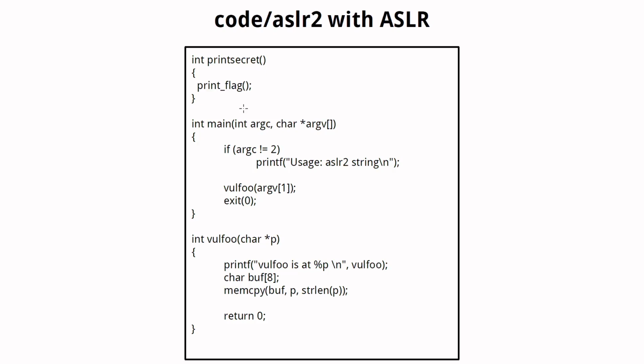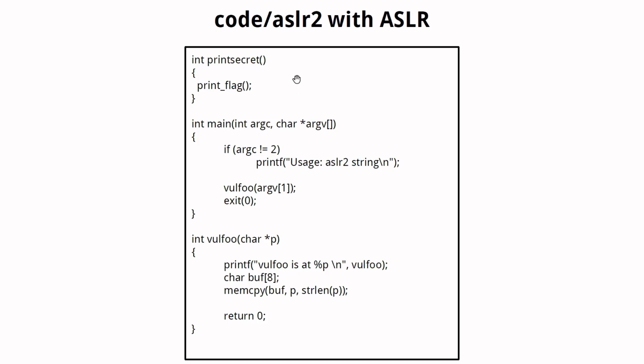Okay, so a very simple program: the main function takes input from a command line argument, then calls the valfoo function. The valfoo function first prints out where valfoo is. Then there is a buffer, then there is a memory copy. So that's a classic buffer overflow we are familiar with.